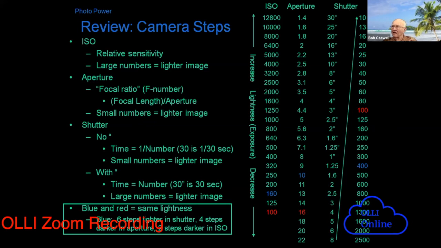This is our steps and stops from last time. This is the most fundamental thing: the fundamentals of controlling exposure with a camera. There are only 3 parameters involved.